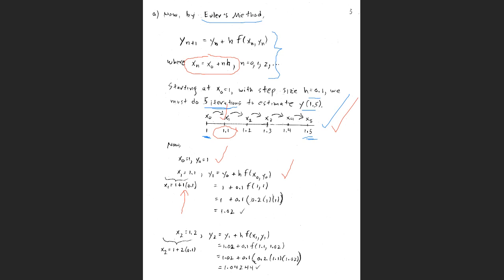The scenario is that dy/dx equals f of x, y, a little function f of x, y. So at the values x sub 0 equals 1 and y sub 0 equals 1, this is your value of the derivative, because dy/dx equals 0.2 times x times y.